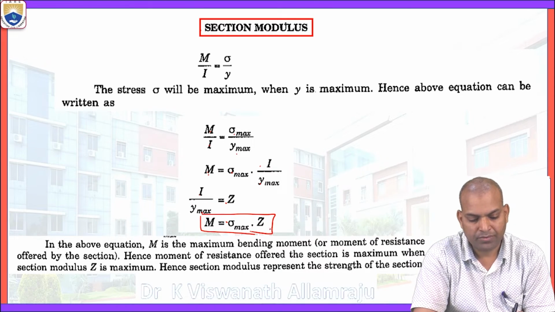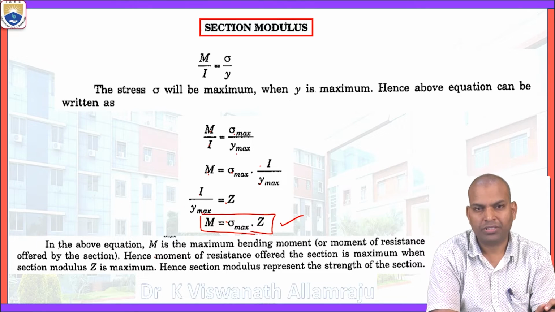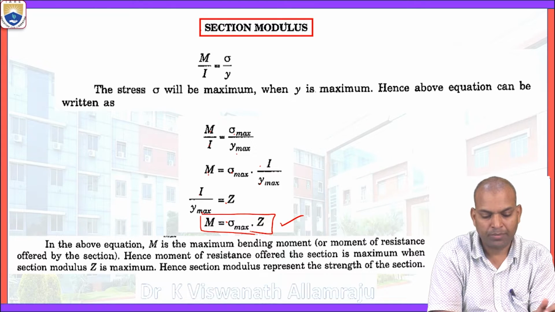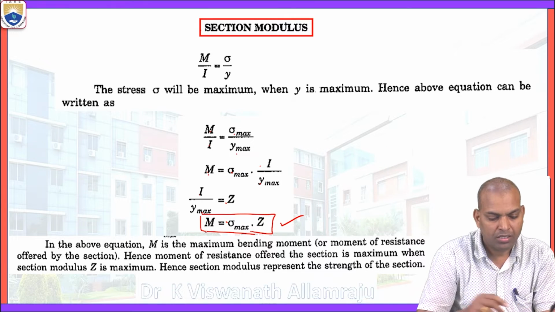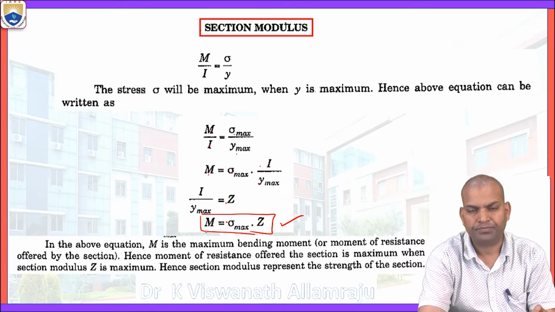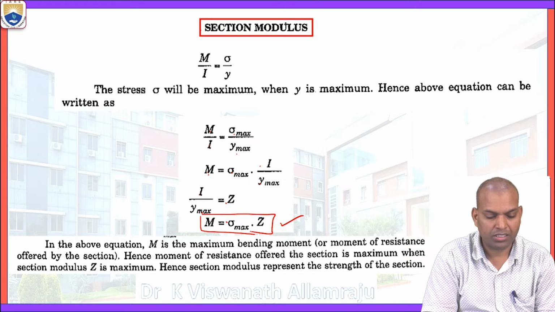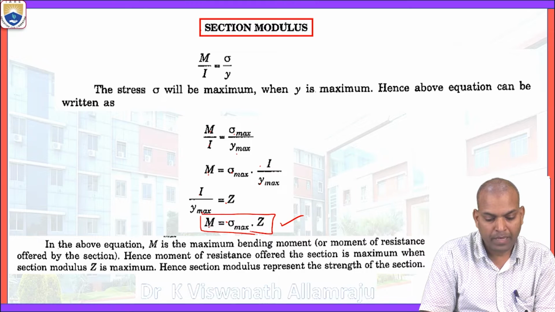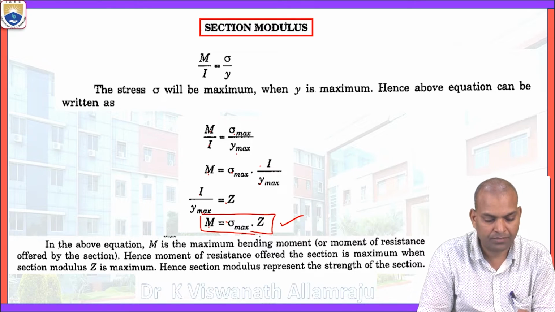What is the physical significance of the Z? Where Z is the section modulus, here M is the maximum bending moment or moment of resistance offered by the section. In this equation, maximum bending moment means the maximum resistance offered by the section.